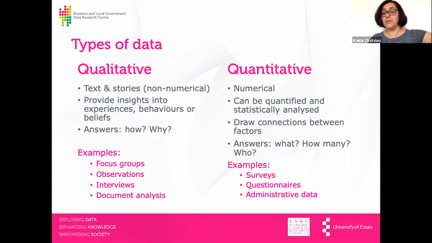Other types of data would be what we call quantitative. Those would be mostly numeric data. They can be quantified and statistically analyzed, so we can draw connections between the different factors and answer questions such as what, how many, who.